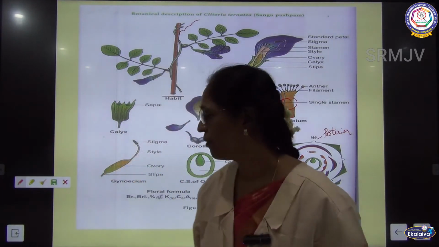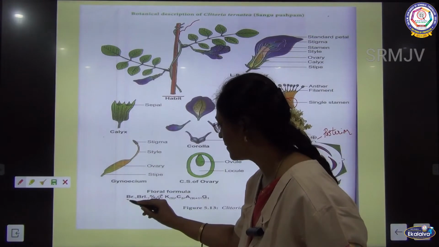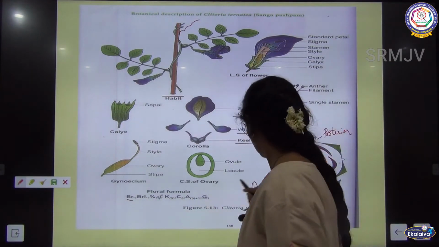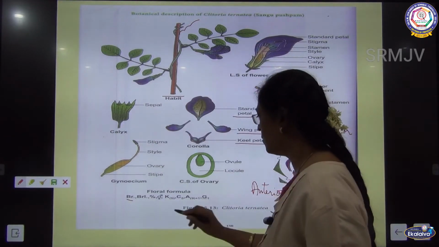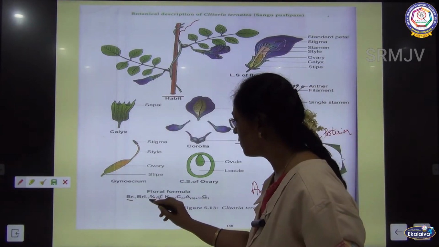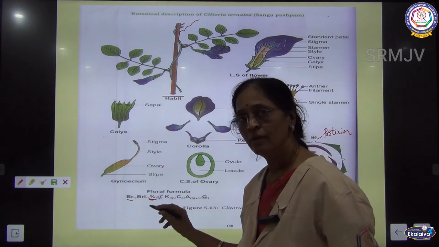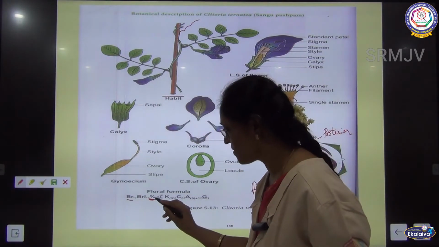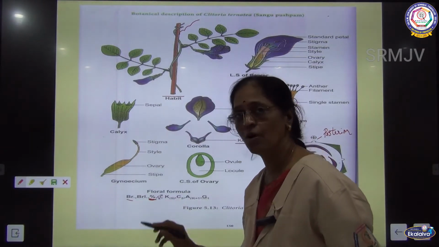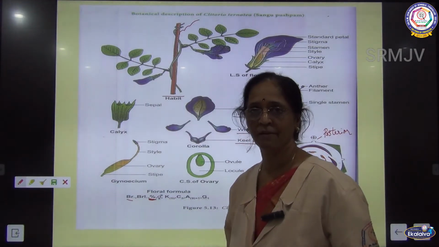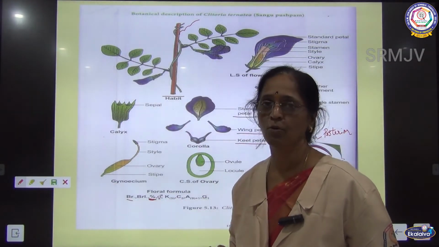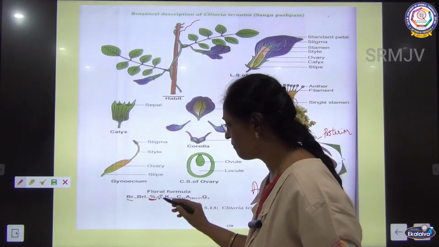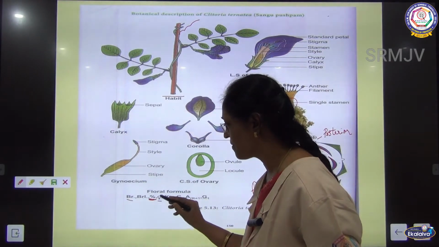So if you see the floral formula, the bract, so here you can see the bract, bracteolate, so you can find the bracteoles. And what is this symbol? You all know that the symmetry of the flower can be represented like this. If it is like this, you call it a zygomorphic flower. That is, you can cut the flower into 2 equal halves in one plane. So this is a zygomorphic flower.